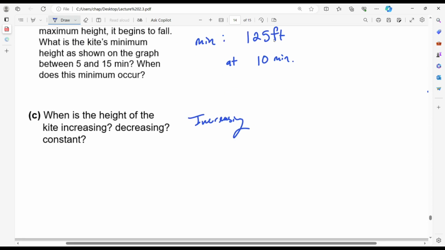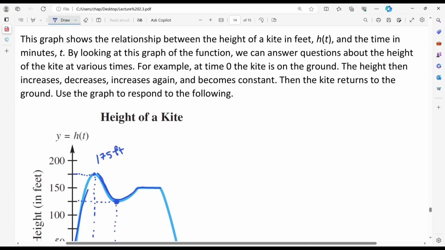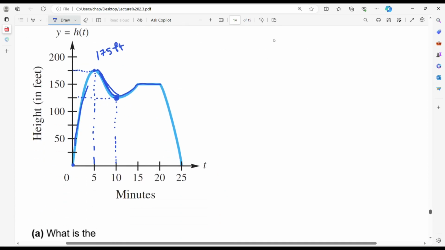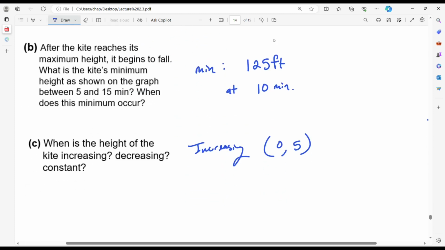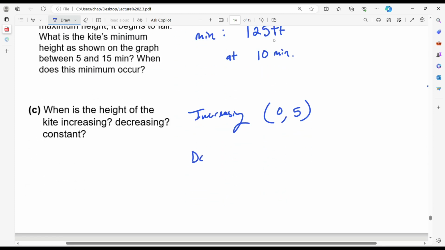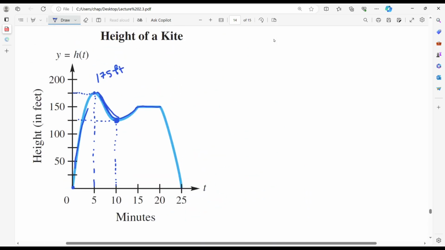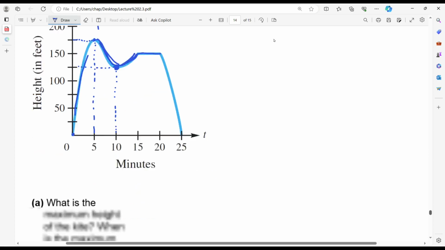It starts decreasing again from 5 to 10 minutes. And if we go back to the image, it's starting to increase from 10 to 15 minutes.